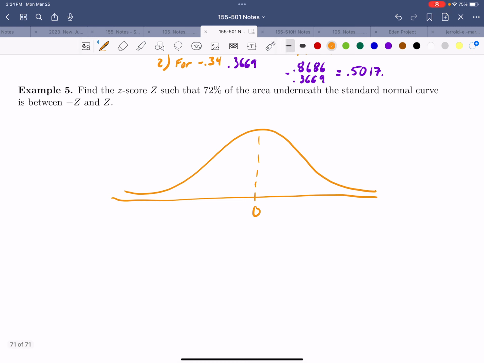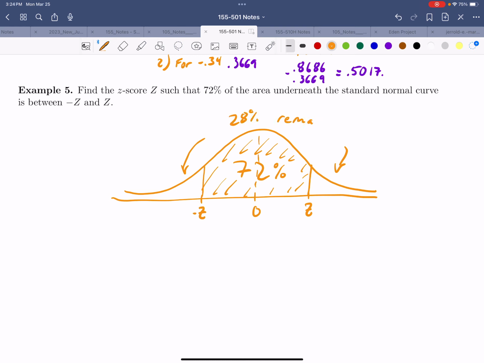Okay, so we're considering negative capital Z and positive capital Z, and the goal is that we want the data between them to be 72%. That's the assumption we've been given. Well, then that means the remaining data has to be 28% left over.